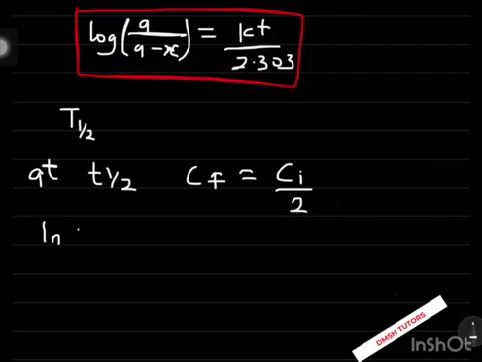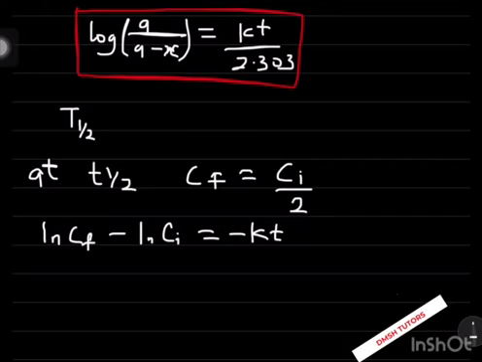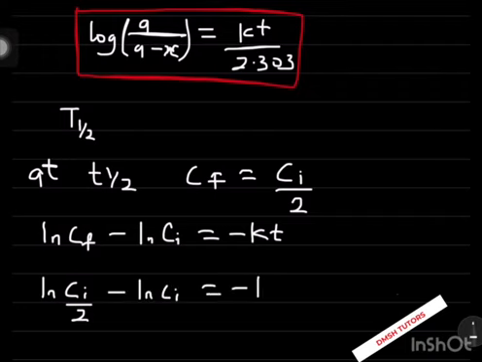From ln C final minus ln C initial equals minus kt, it means that at half-life, what we have is ln Ci over 2, because C final already becomes Ci over 2, minus ln Ci equals minus k t half-life.